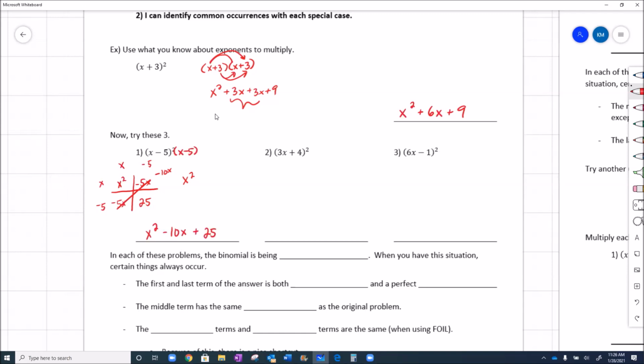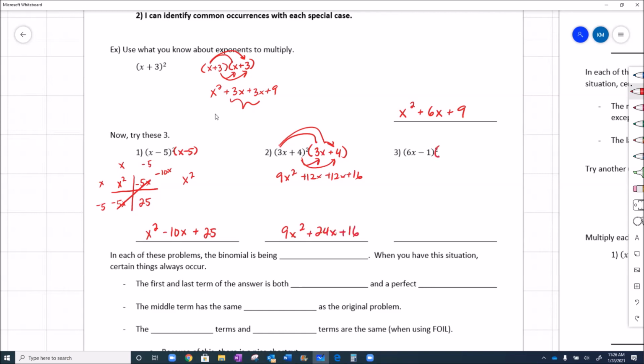Looking here, 3x plus 4 times 3x plus 4 gives us 9x squared plus 12x plus 12x plus 16. So 9x squared plus 24x plus 16.